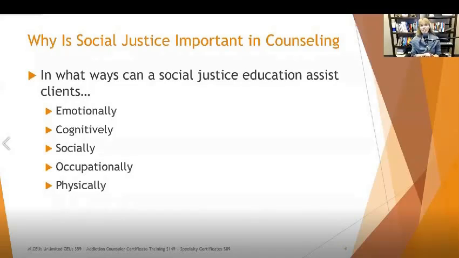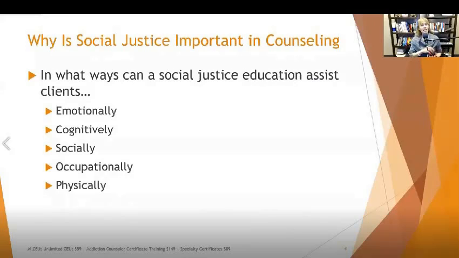So social justice is really important, helping people see their uniqueness. They are not just a round peg going into a round hole. They are unique in many, many ways. They may be a round peg, but they're a red round peg. They are a red wooden round peg.